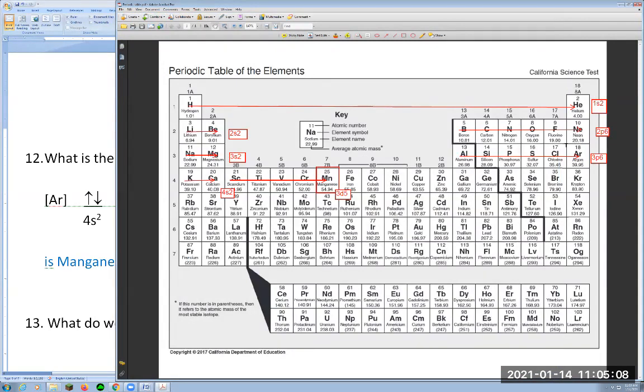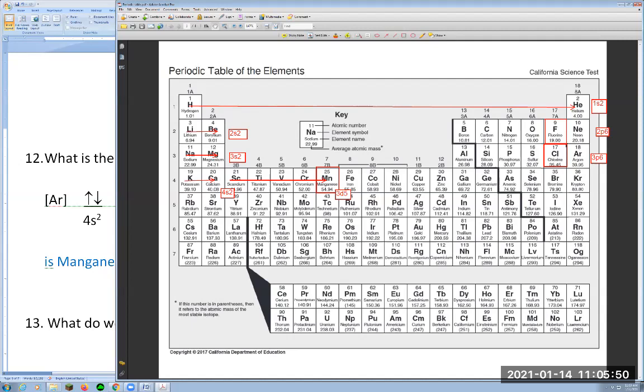ns2 and np5 would be here, fluorine, right? That's where you will have fluorine. And now if we change the n to 3, 3s2 3p5, that would be chlorine, right? 1, 2, 3, 4, 5 electrons in the 3p.